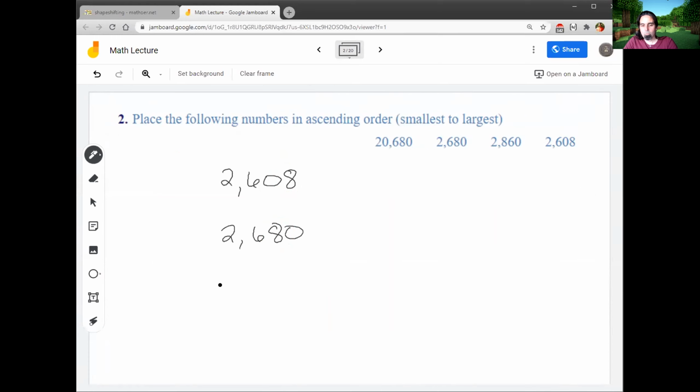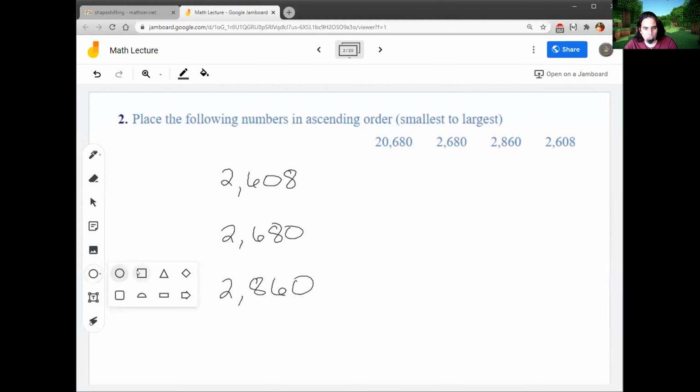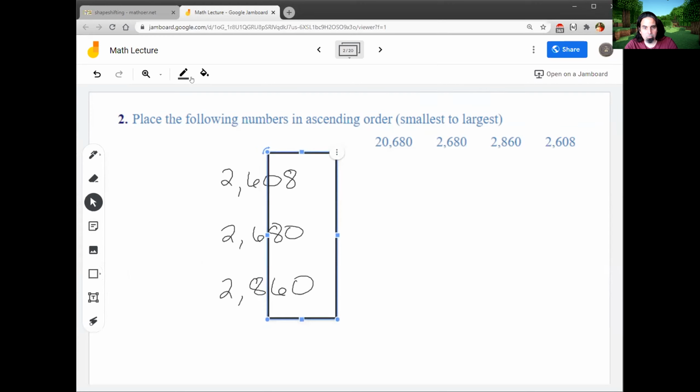Okay, but let's finish the problem. After this comes 2,860. Yeah. It doesn't matter what's happening in the, actually, I'm going to try and make a box. I can cover these up and not worry about them. All I care is that 800 is bigger than 600.